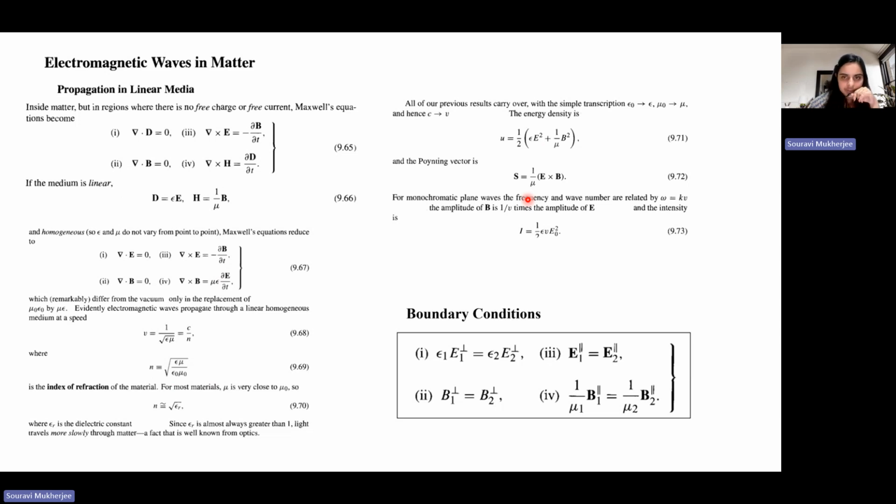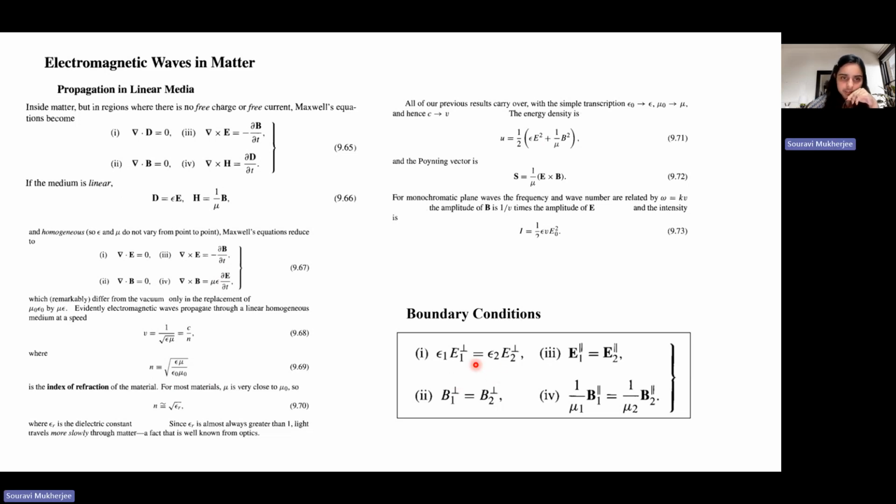Because it affects the velocity, it also affects the speed of propagation and the energy density. And then even the boundary conditions get modified based on the material.